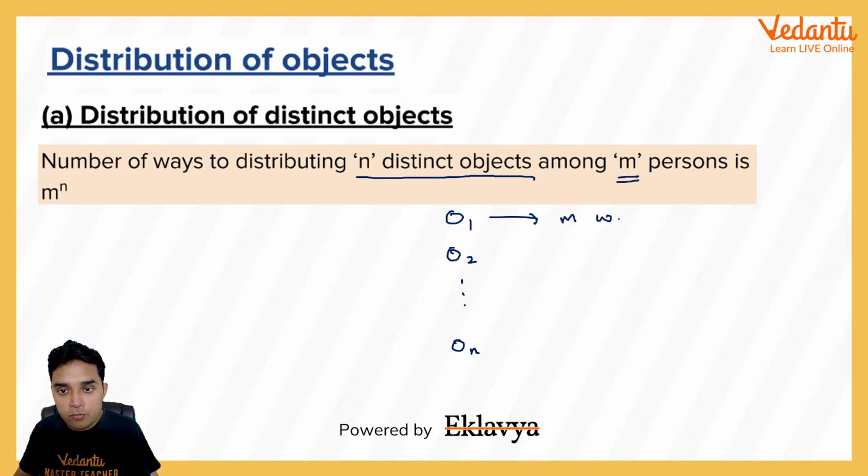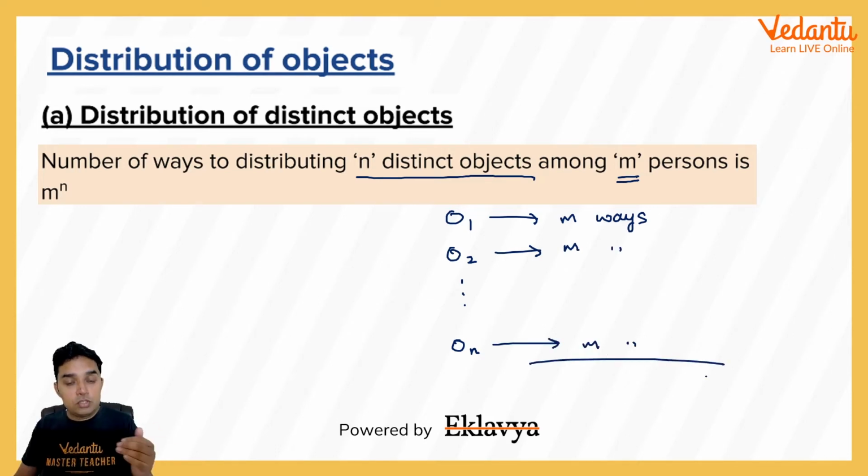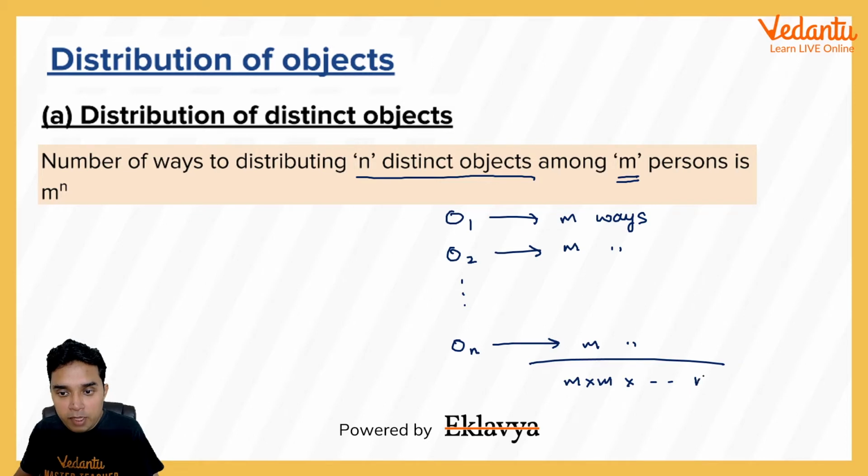So m ways to distribute first object, and same will be for second object, and similarly same will be for the last object. If we use fundamental principle of multiplication and we multiply these m, n times, this becomes m raised to the power n. So please remember this as a formula.